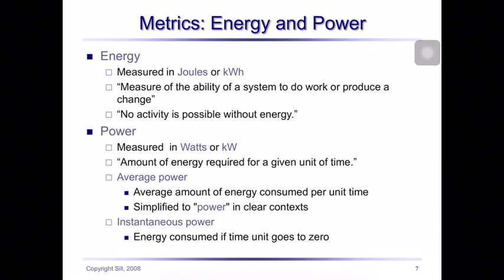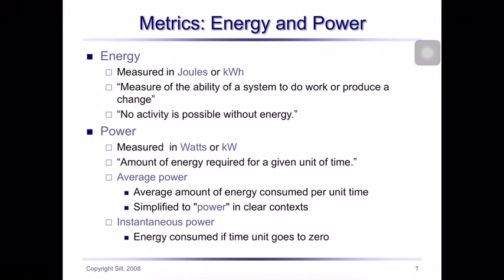Okay, energy is the ability of a system to do work or produce change. So if you multiply power with time, you can get energy. Energy units are in joules or kilowatt hour.